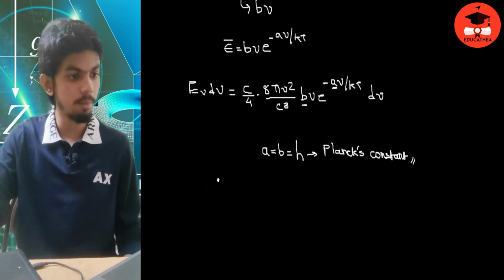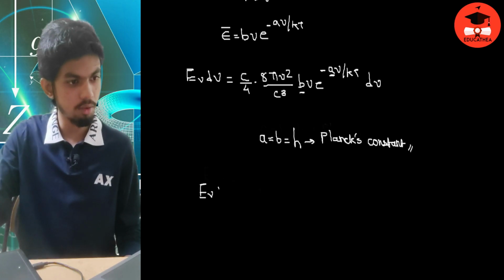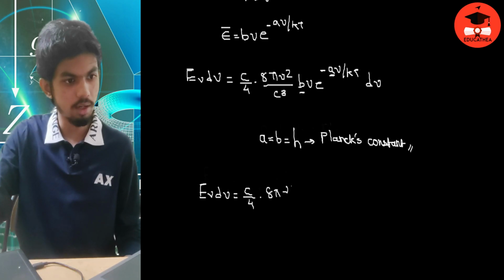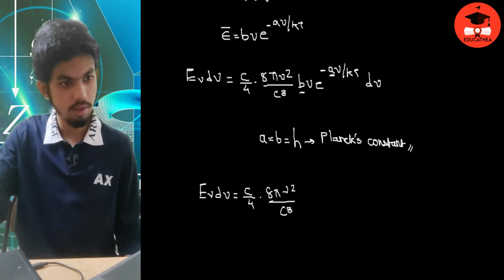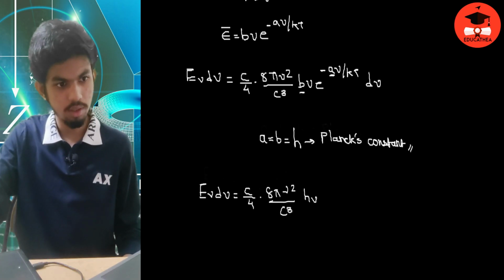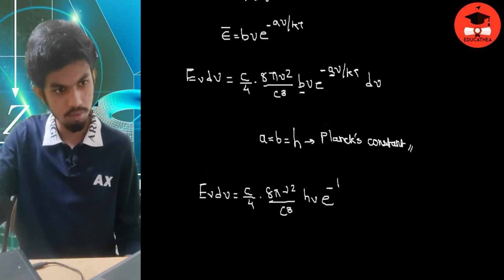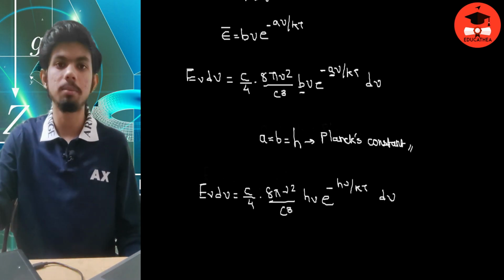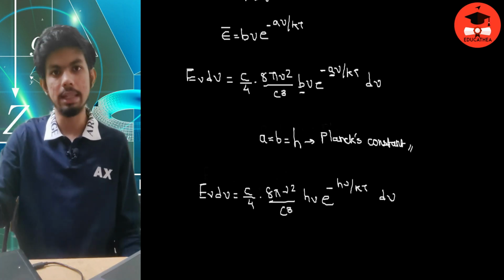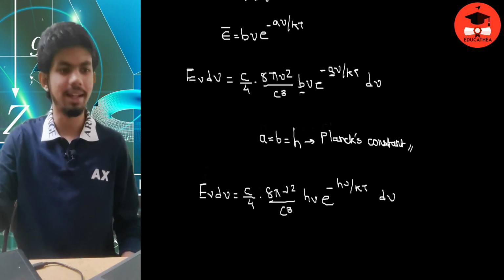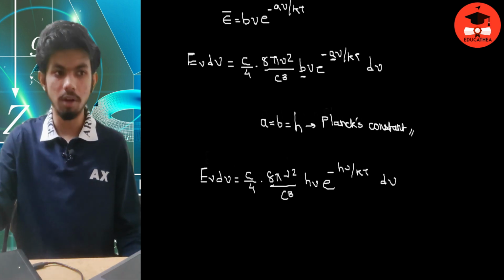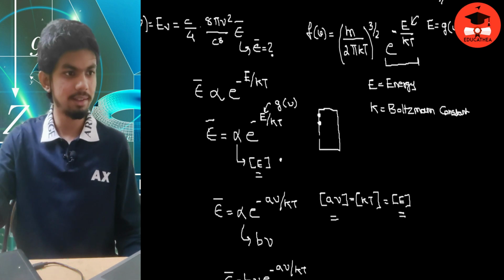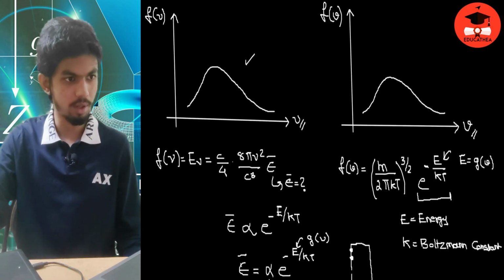So now the new expression becomes E(nu) d nu equal to c by 4 into 8 pi nu square divided by c cube into h nu into e to the power minus h nu by kT into d nu. And this is Wien's radiation law given by Wilhelm Wien in the 1890s. So this is a very popular formula and it fits this curve beautifully.